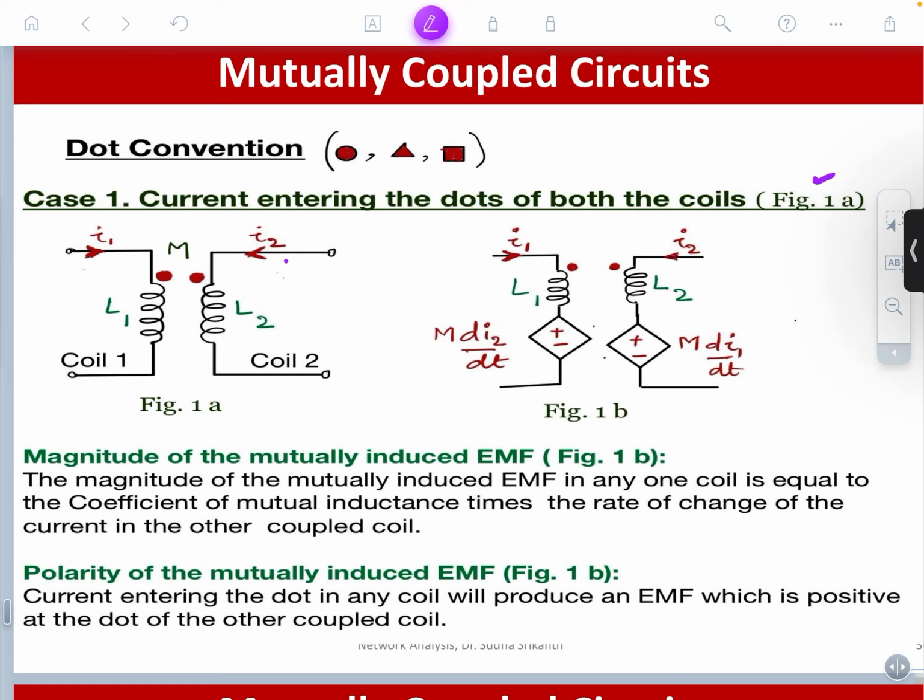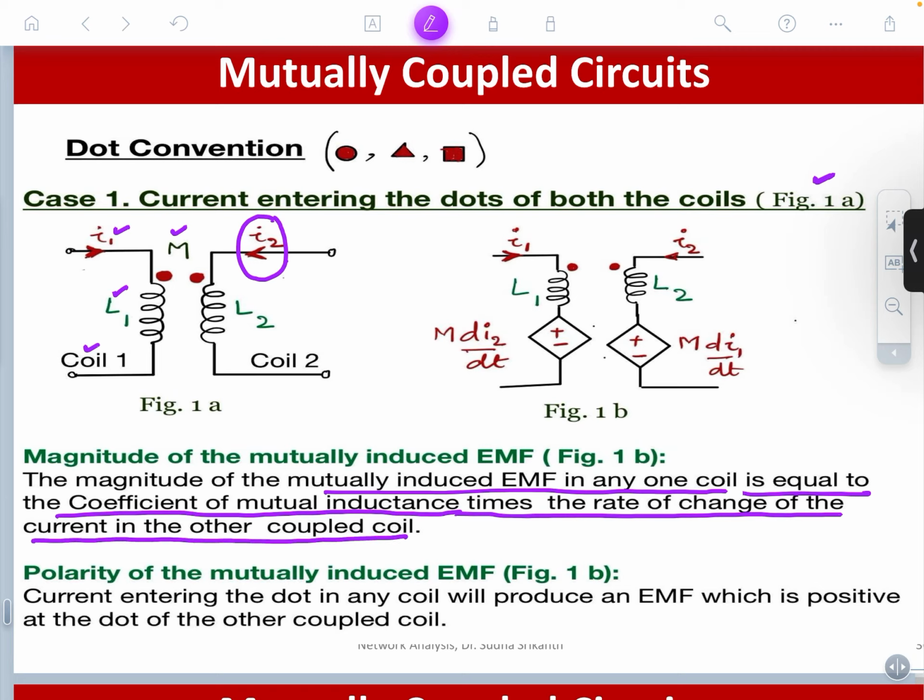So obviously in coil 1 you have two EMFs: one due to L1, which is L1 di1 by dt, and the other, the mutually induced EMF, which is due to the current I2, and the coefficient of mutual coupling is M. If you look at this slide, it's very clear that the magnitude of the mutually induced EMF in any one coil is equal to the coefficient of mutual inductance times the rate of change of current in the other coupled coil.